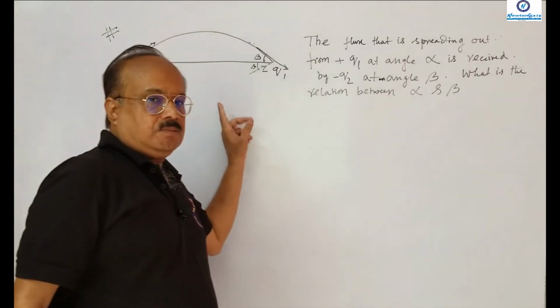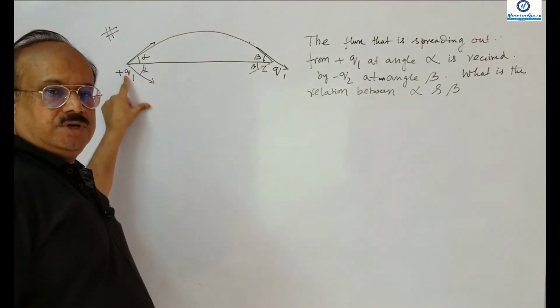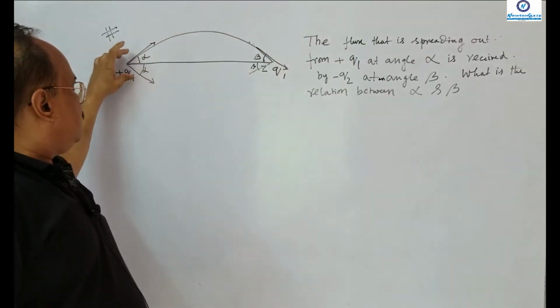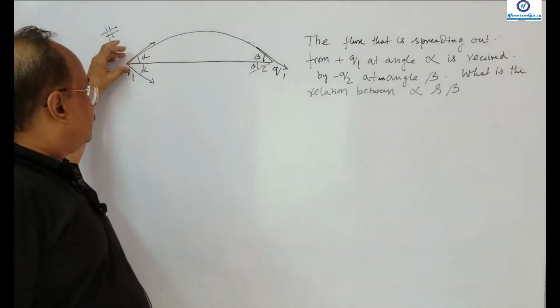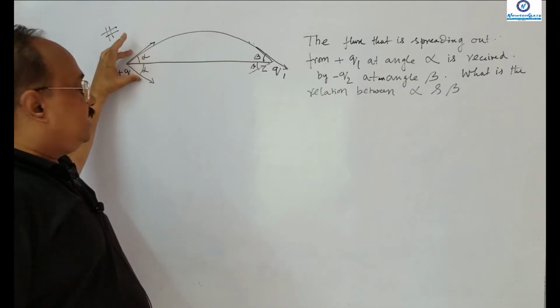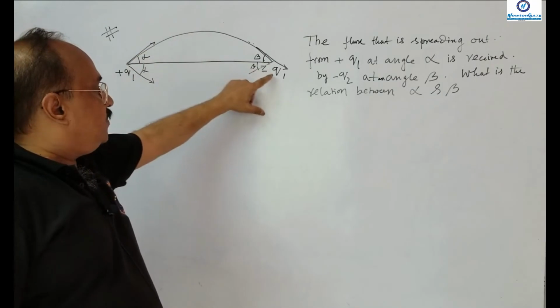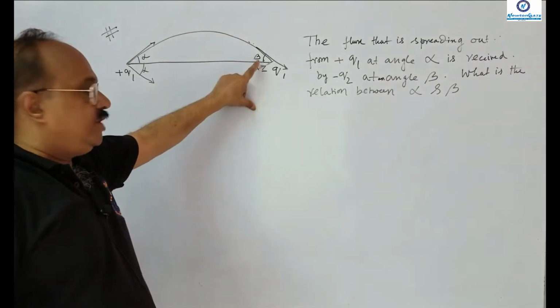In this sum, it is given that there is a plus q1 charge over here and a minus q1 charge over here. So the electric field that is spreading out here at an angle of alpha, that means the flux that is spreading out at an angle alpha, is being received by this minus q1 at an angle beta.